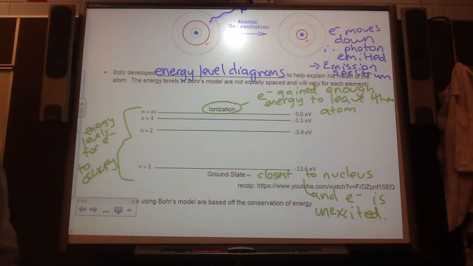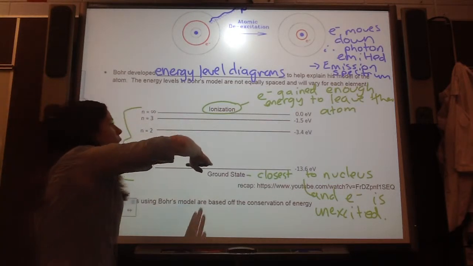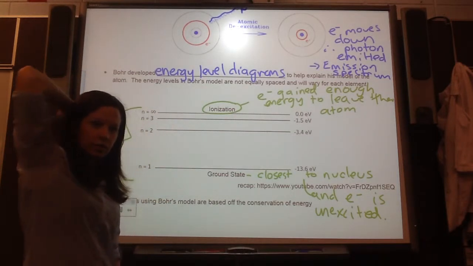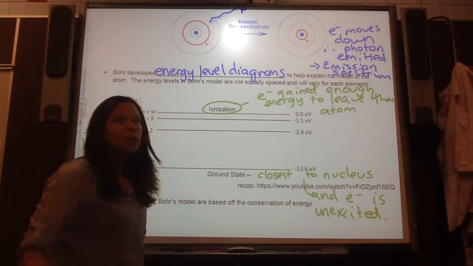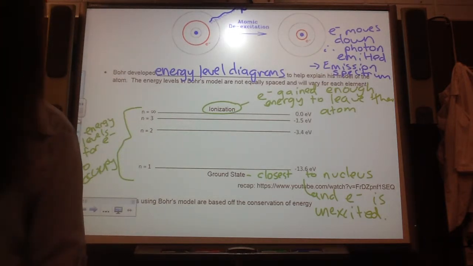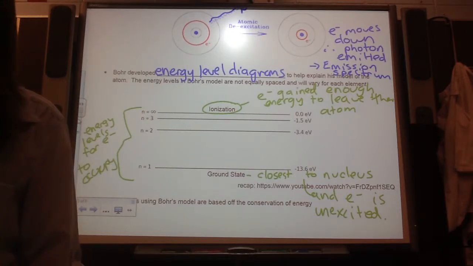Because it's positive by 3. So that aluminum atom gained so much energy that 3 electrons went all the way up and got knocked off. Now, if that aluminum ion went back to ground state, it would need to lose energy.